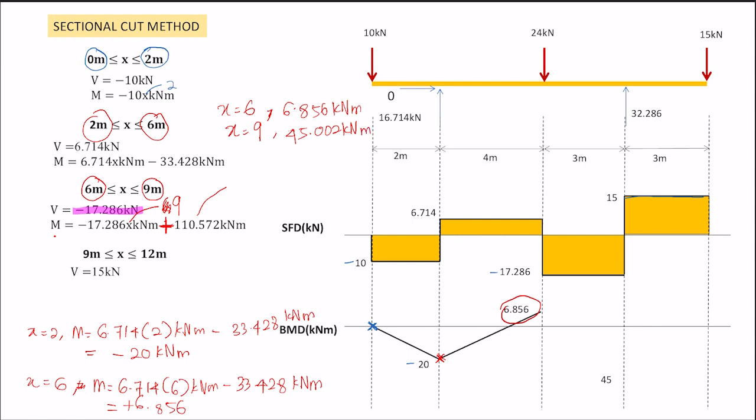Basically we know why there is 0.002, since we rounded up when calculating the reactions. That's why the value is not exactly 45. Supposedly it is exactly 45 because the value is actually negative, so it goes down. And lastly for this boundary, M equal to 15x kilonewton meter minus 180.002 kilonewton meter.